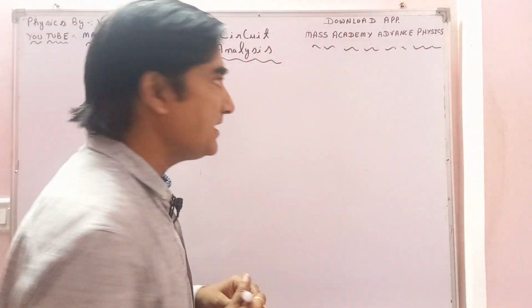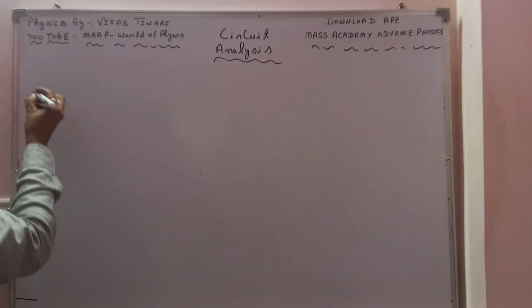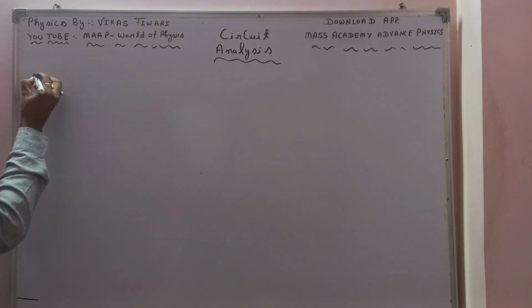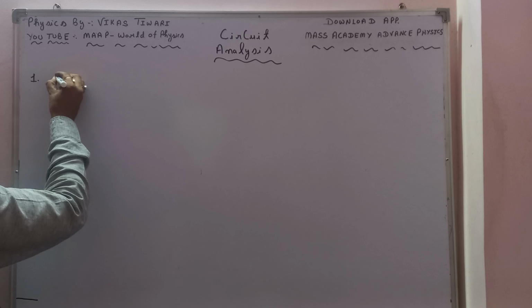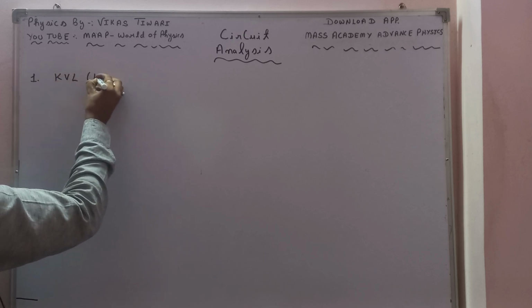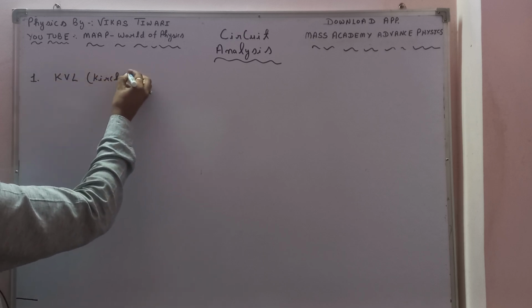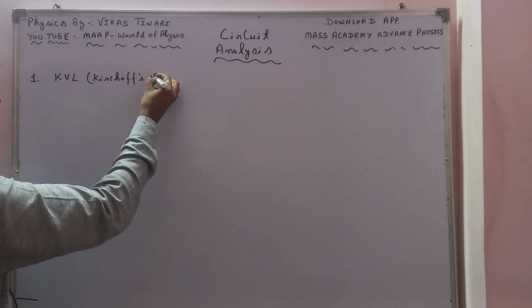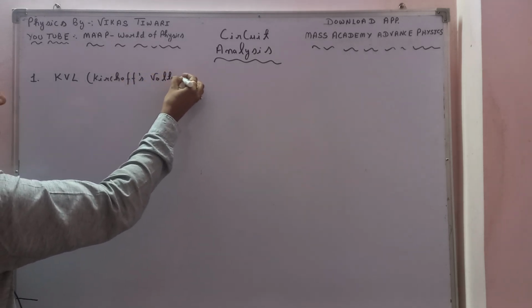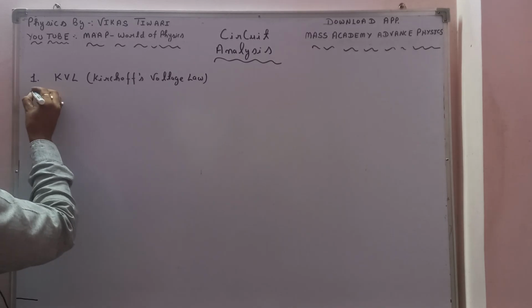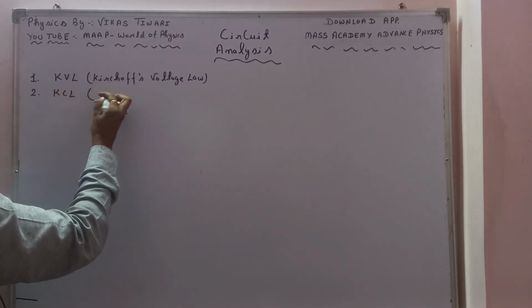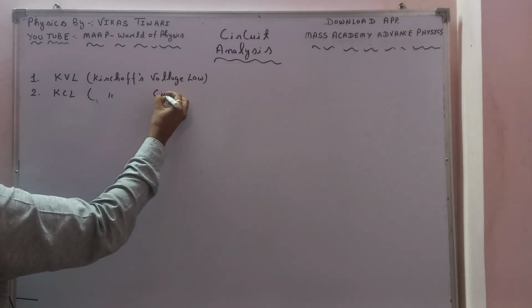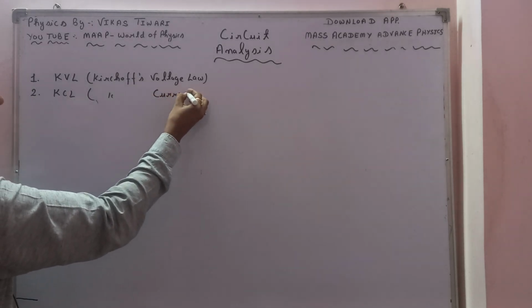First, we will go through the basic concepts of circuit analysis. In that context, we are going to define 8 things. The very first thing is KVL, that is called Kirchhoff's voltage law. The second thing is KCL, that is called Kirchhoff's current law.